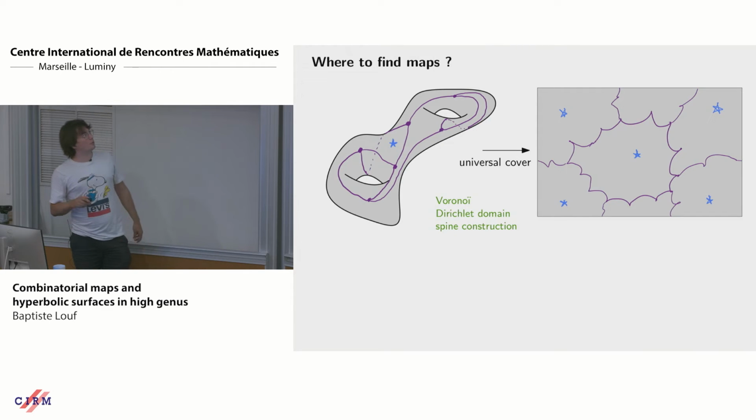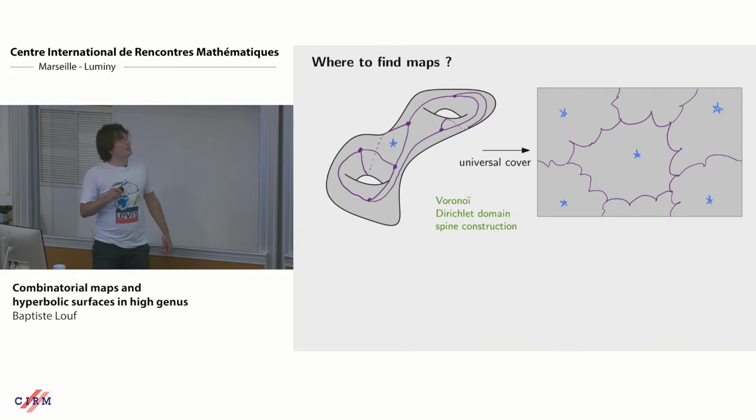You can just pick a point arbitrarily, and then you look at this point in the universal cover. That's just a hyperbolic plane, and so there's going to be multiple copies of this point, and then you do a Voronoi tessellation. So you divide it into regions which are closer than the others, and then the boundary is drawn here in purple, and then you go down.